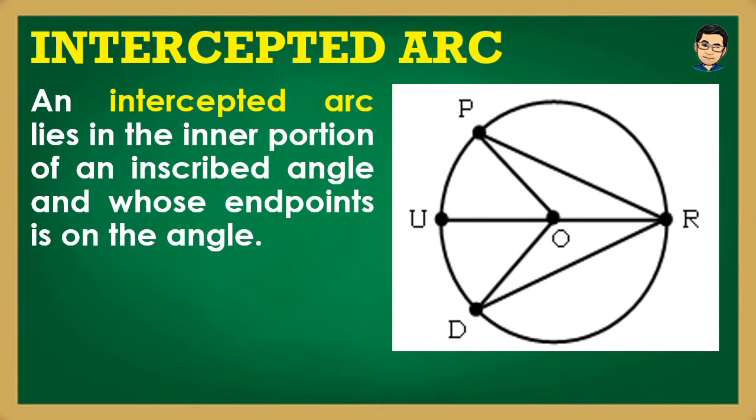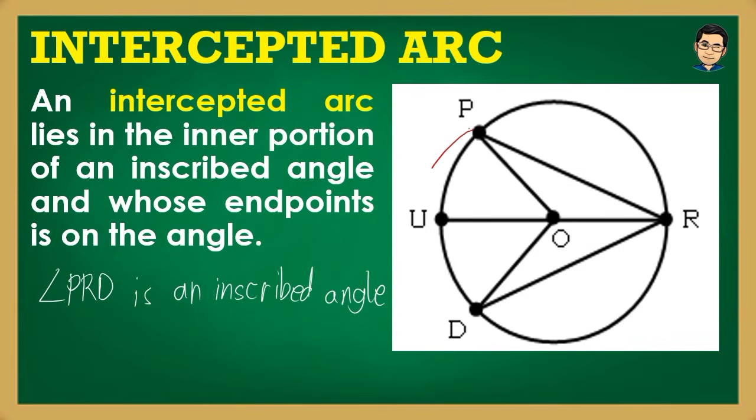Okay, like for example, kung yung angle natin is angle PRD, ayan, mag-refer tayo dito sa figure, yun yung inscribed angle. Paano natin i-identify yung intercepted arc? So, yung intercepted arc po na yan is ito po. Yung PUD o kaya naman PD, na kung saan naglalay yung endpoints ng inscribed angle na PRD.